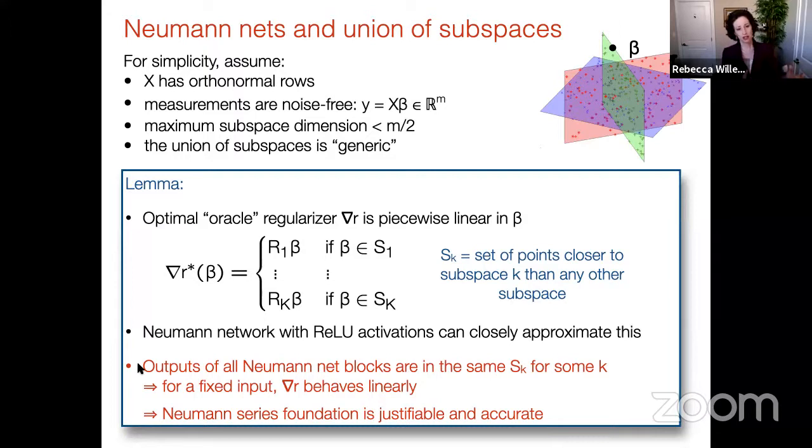But if we were to only consider inputs coming from one subspace, then the outputs of all the blocks belong to that same subspace. And so the gradient of the regularizer behaves like a linear operator, in which case this Neumann series foundation that we built upon is a completely justifiable and reasonable model.